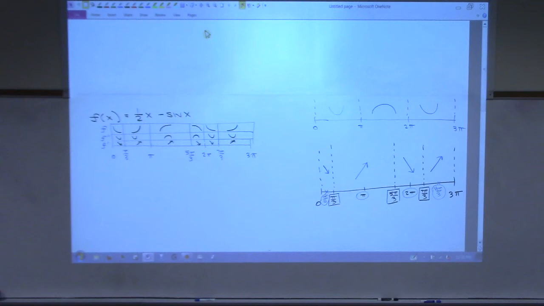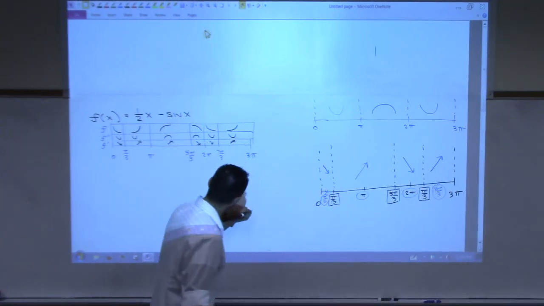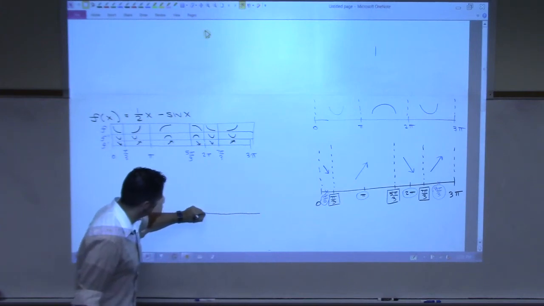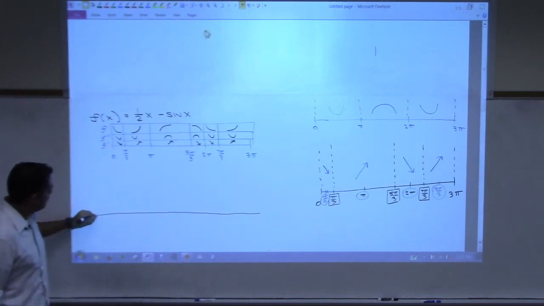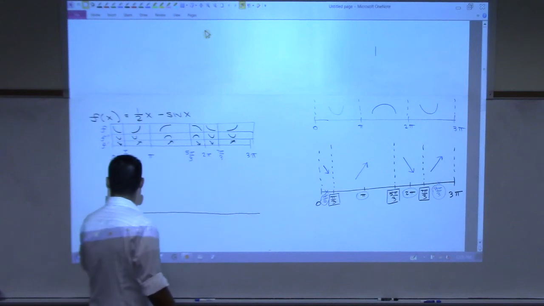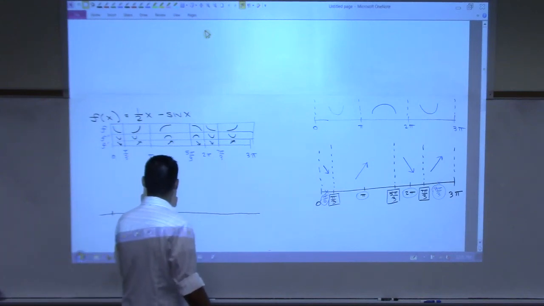We're almost there. I've got 10 minutes. We're going to be able to get a final picture here. I'm only graphing this between 0 and 3 pi.